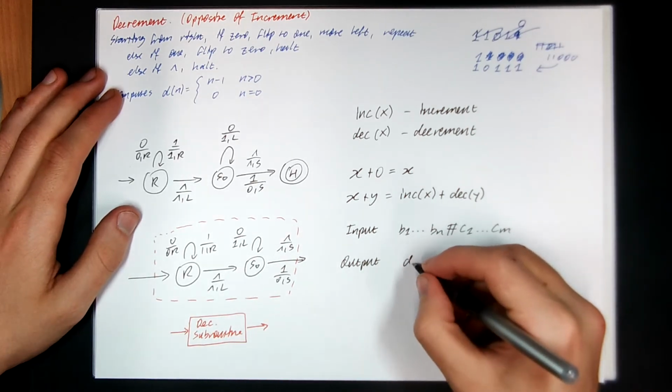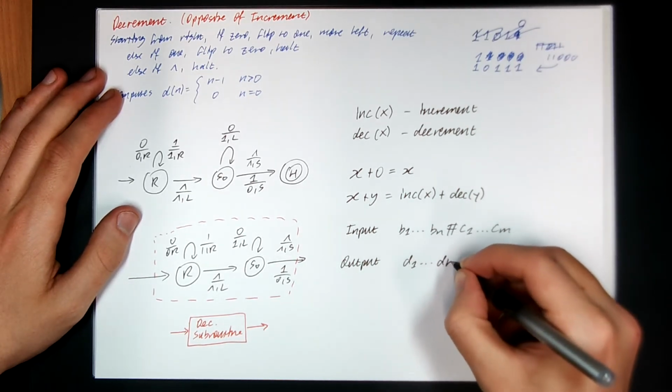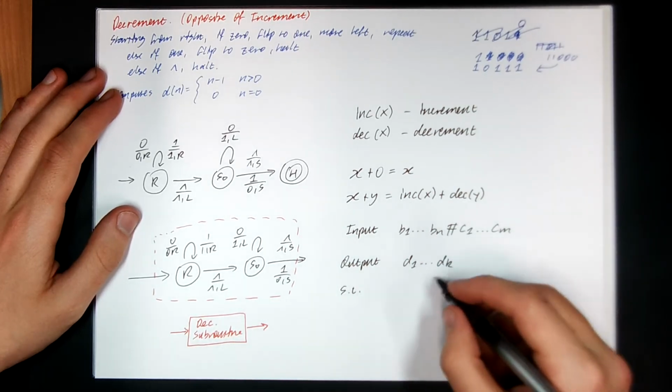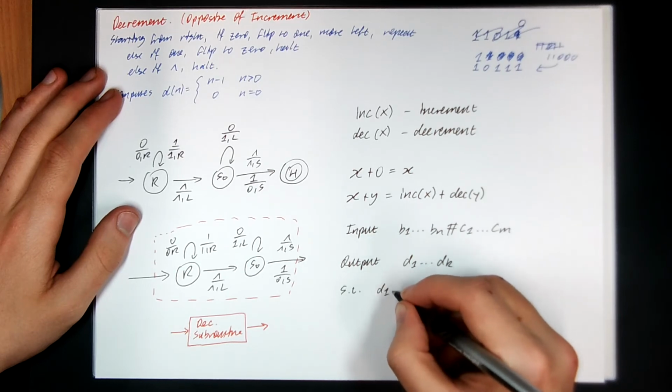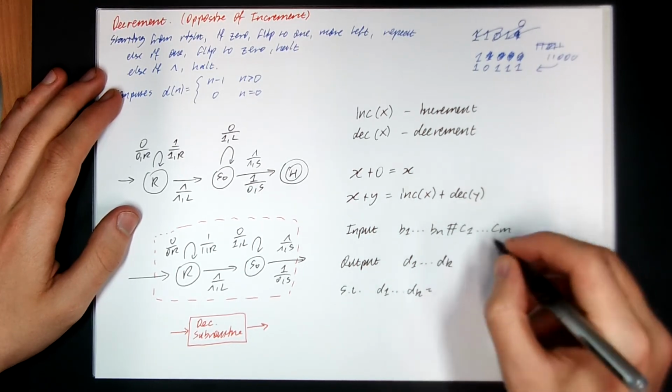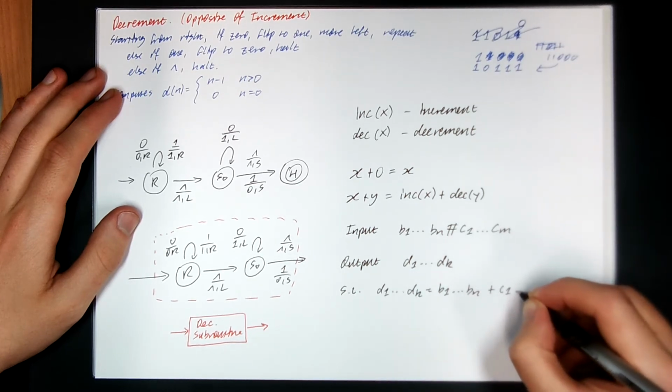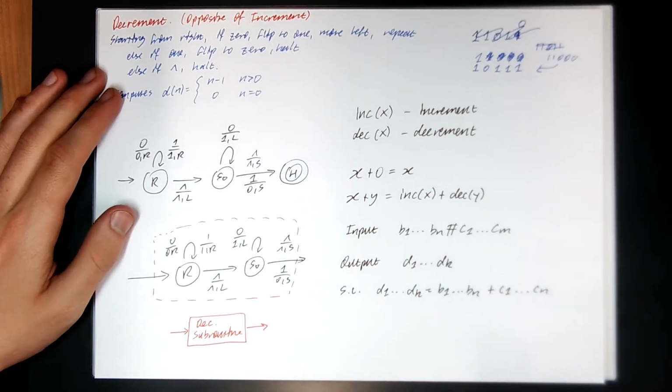So some new collection of bits, D1 through DK, such that if you interpret this as a number in binary, it's equal to the sum of the two inputs. Now that's where we're going with this.